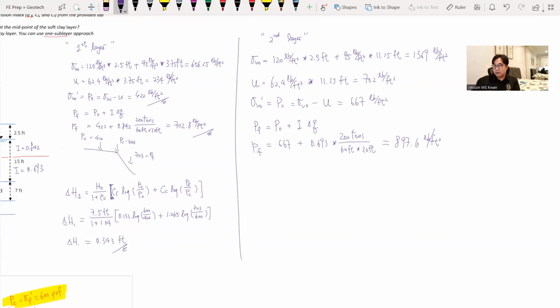So once we get our initial stress and final stress in settlement analysis, it's always good to construct the consolidation curve. We know the past pressure is 600 psf, and this time both our initial stress and final stress are in fact greater than the maximum past pressure. So we are here at 667, and also the final stress.